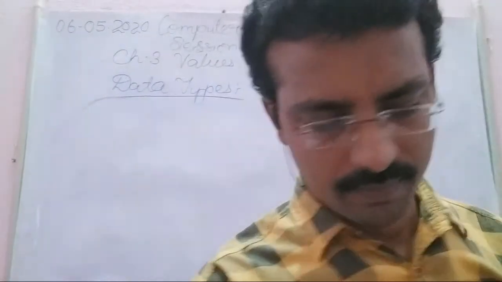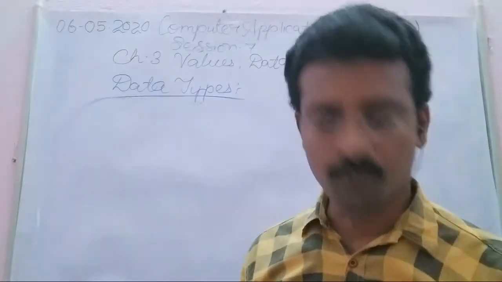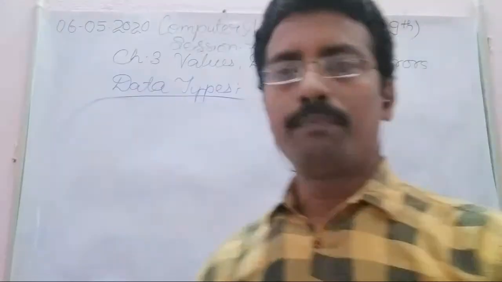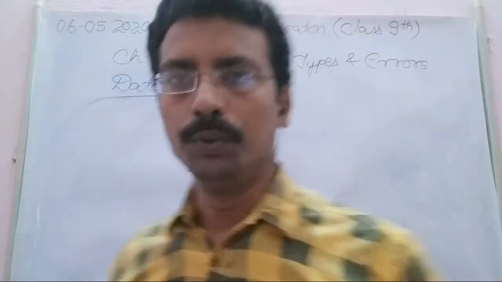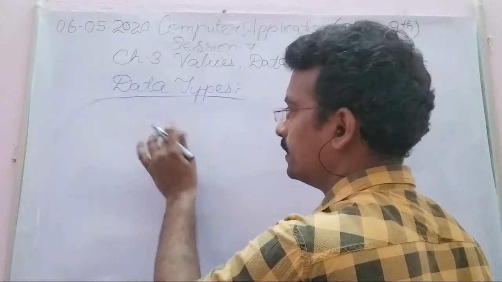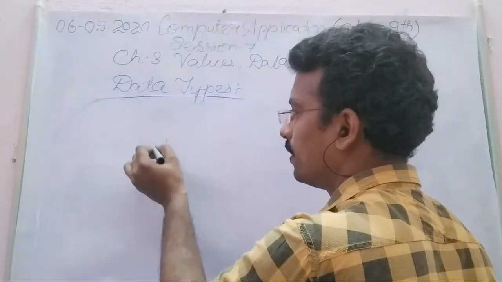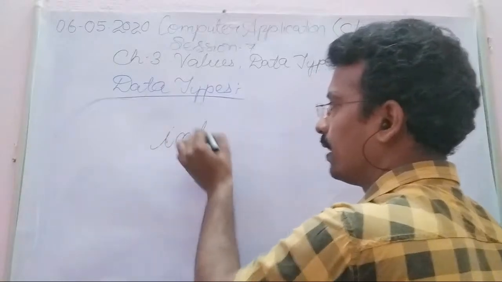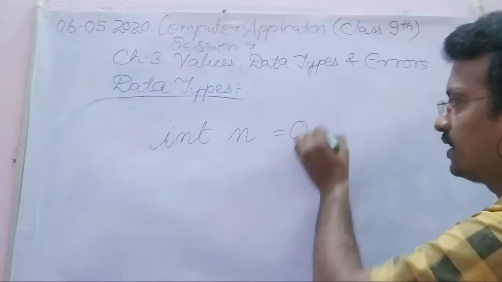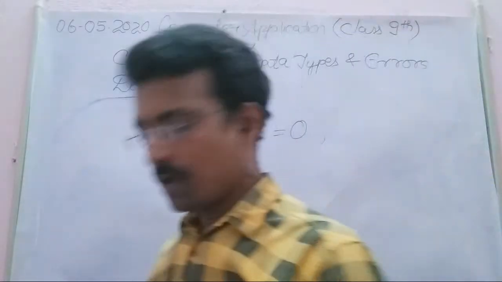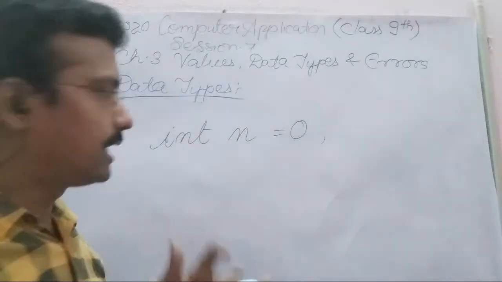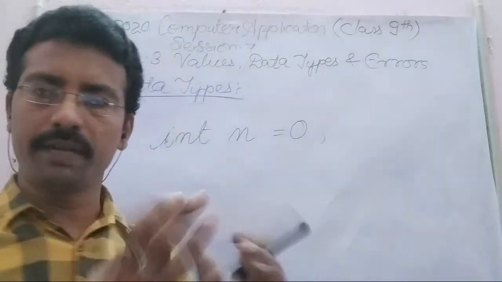Now you have seen, when we are doing programming in Java, normally we take int n = 0. This is the line or statement that is going to give you multiple ideas.